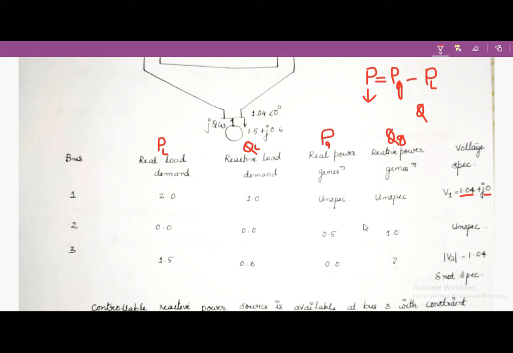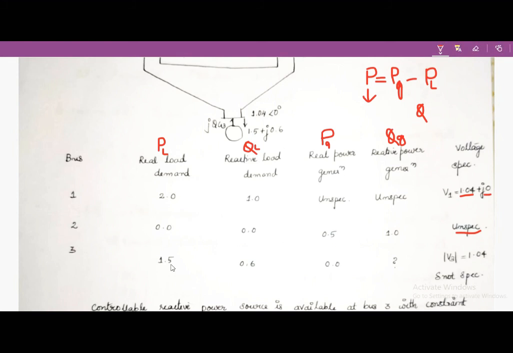You have the value for P and the value for Q, and the voltage is unspecified. Then what type of bus could it be? Here active power P and reactive power Q are specified, and the magnitude and the angle of voltage are not specified. So obviously this bus could be a PQ bus or load bus.